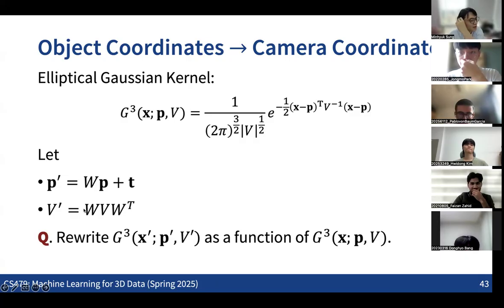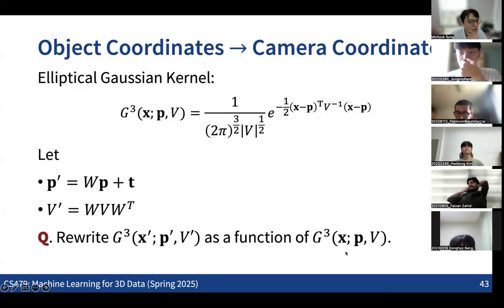So given that, can you rewrite the Gaussian kernel in the camera coordinates as a function of the Gaussian kernel defined in the object coordinates? What I recommend is to do the opposite first.